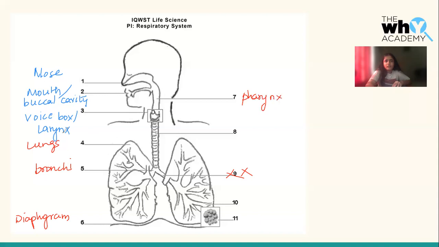Remember, if larynx is here, then pharynx has to be above. First pharynx, then larynx. Okay, and this 8 would be trachea. Correct. See here, there are the rings, no? These rings. 10 would be bronchioles.